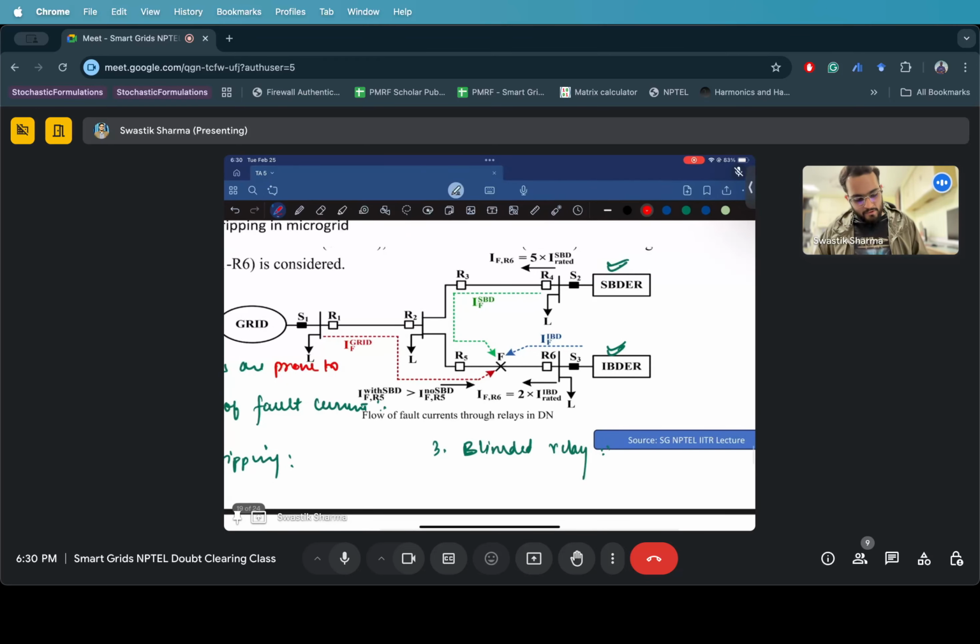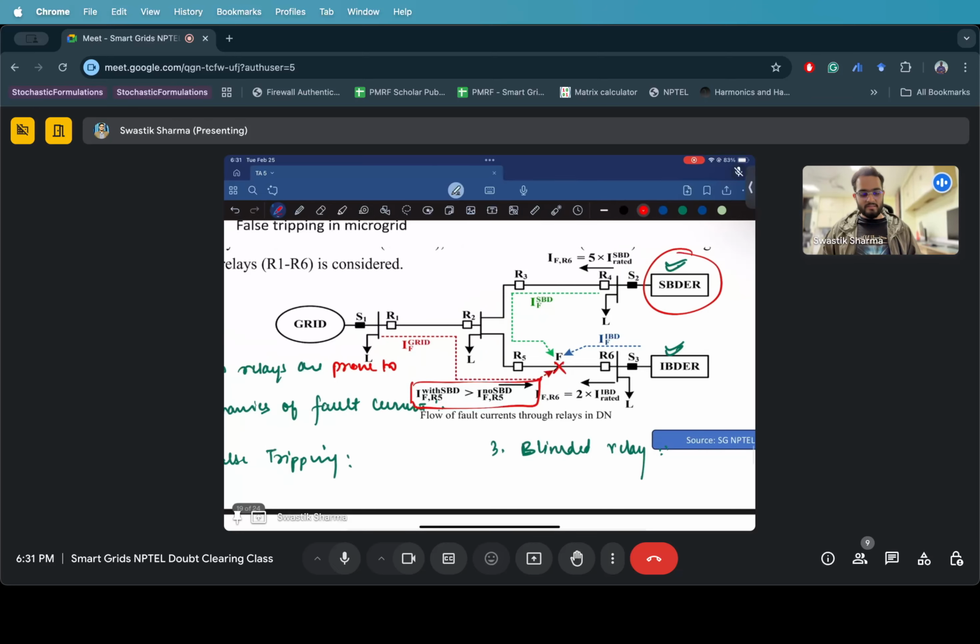Let's say that there was no synchronous based DR here. If this SBDR was not there, for this fault at this feeder, relay 5 will sense a smaller current compared to what it is now sensing because of the presence of this SBDR. That is what is shown over here. This green one is coming into play and it is sensing more current than usual. Because this fault has occurred directly in front of it, R5 will be the most sensitive to the dynamics of the fault current.